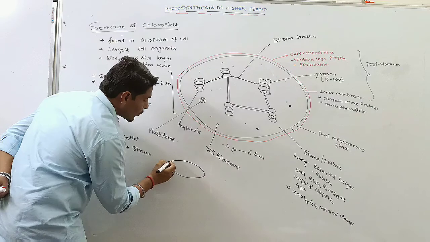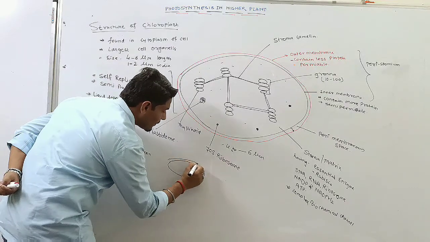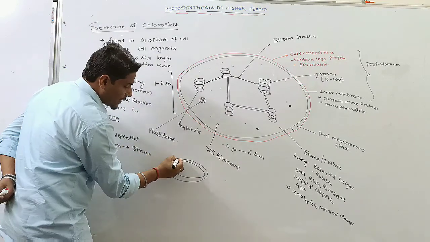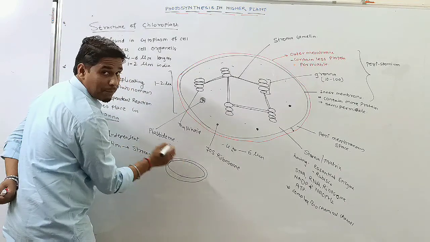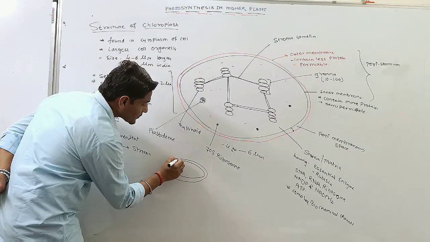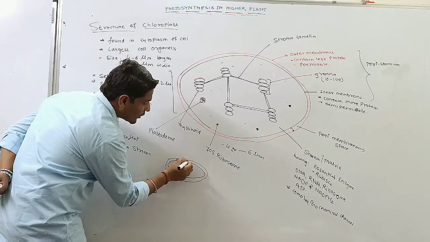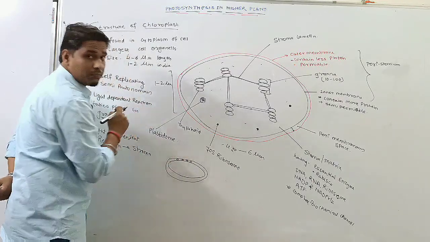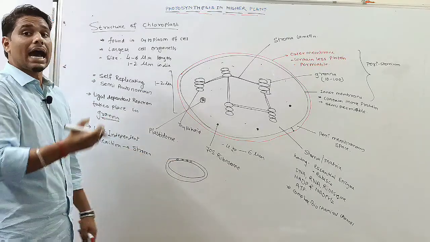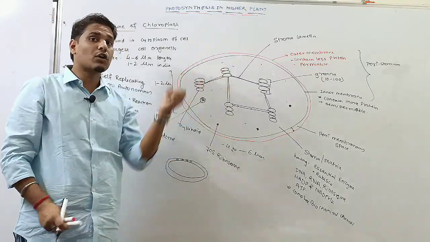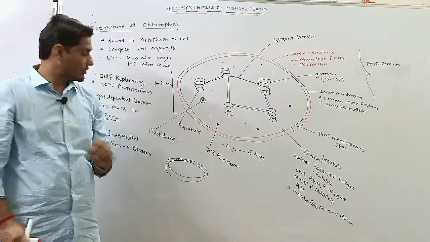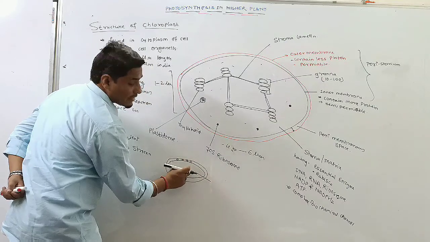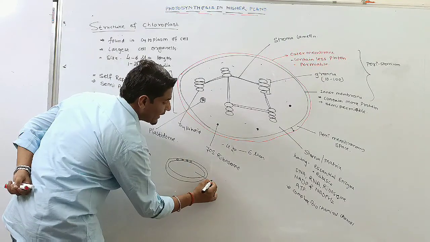Thylakoid is also oval in shape and it is a double membrane structure. So in the perimembranous space, there is a quantasome. The quantasome has the ability to harvest the light or absorb the light and convert it into chemical energy. So ये क्या है? This middle space is called lumen.